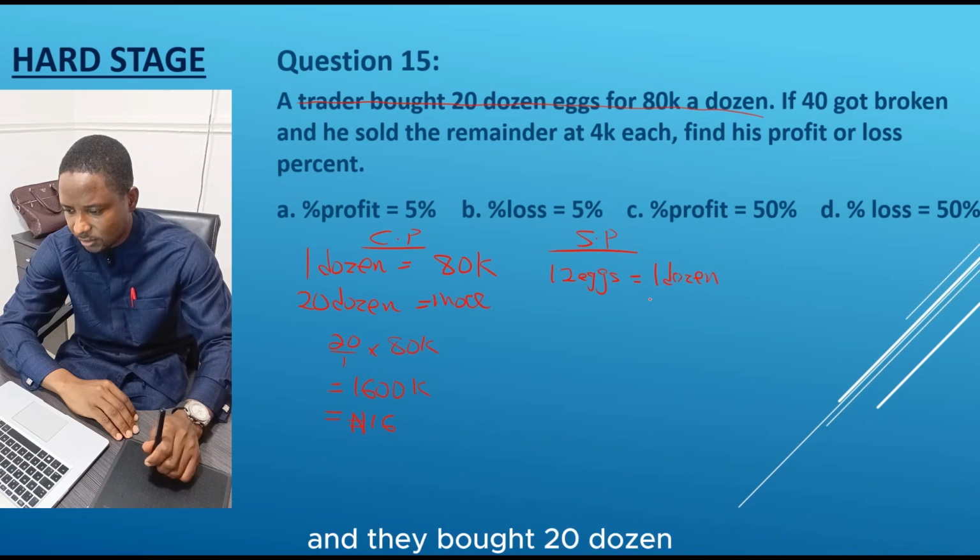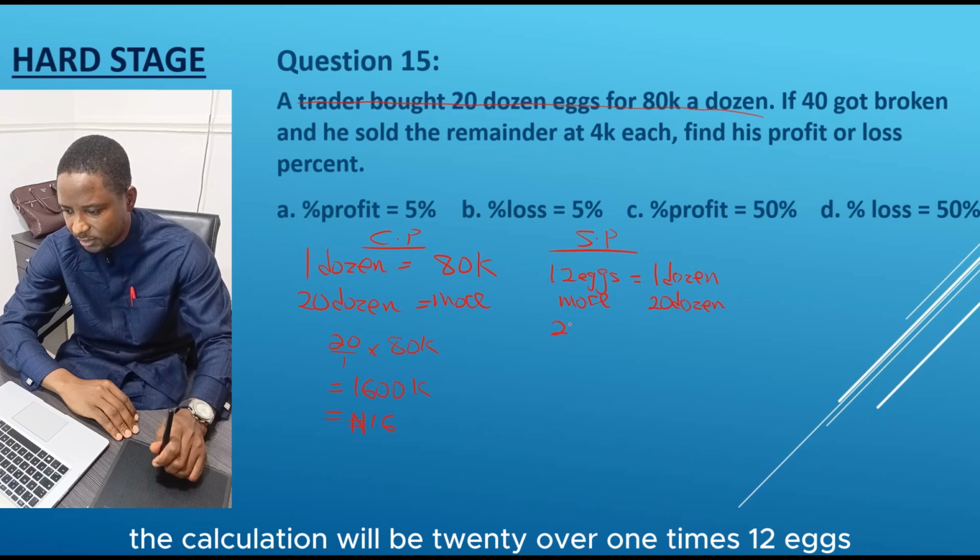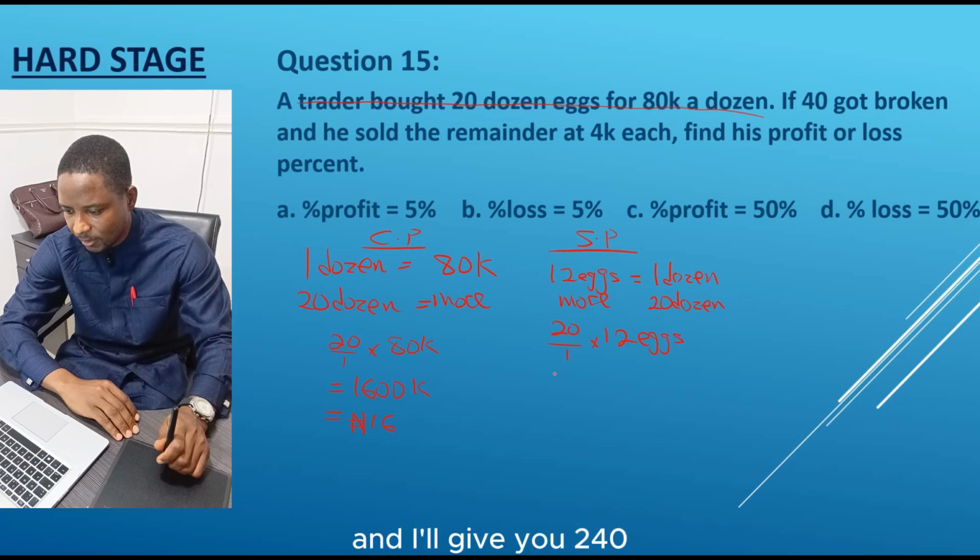And they bought 20 dozen. So for the 20 dozen, we are 100% sure that it's going to be more eggs. So the calculation will be 20 over 1 times 12 eggs. And that will give you 240 eggs.